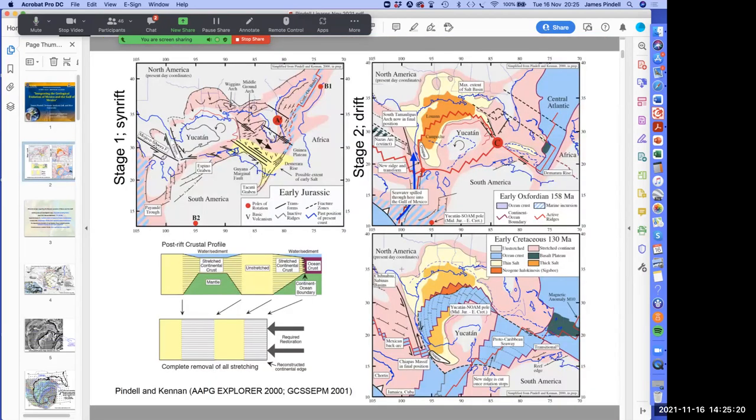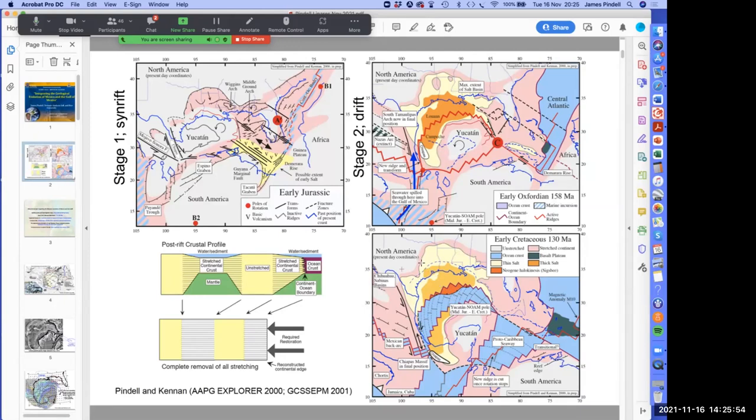Okay, we have known basically how the Gulf of Mexico evolved for a long time. These maps were drawn in 1999, so they're 22 years old already, but they're still pretty good. So we have the present day shown here on the bottom. And the first thing we want to do when we try to figure out the evolution of the Gulf, we need to close the oceanic crust, because that's the last thing that happens when you form a basin.